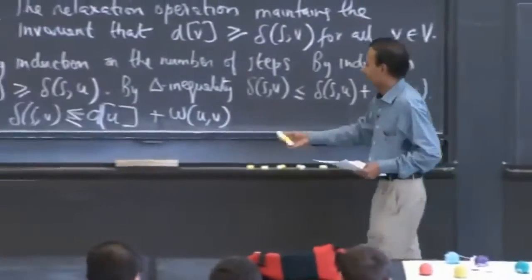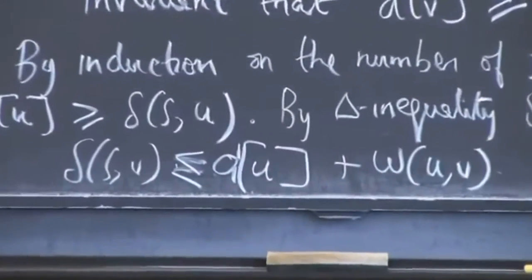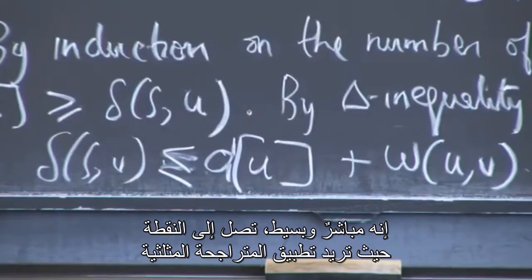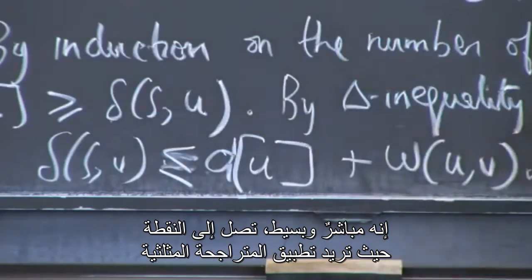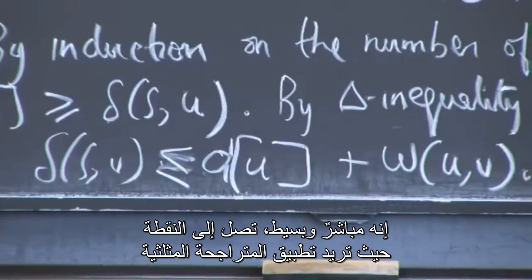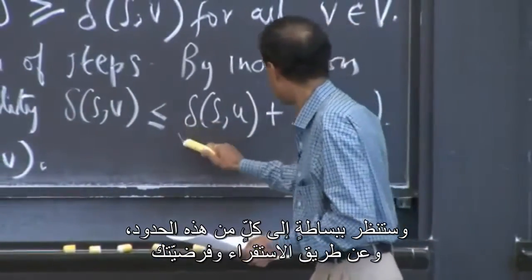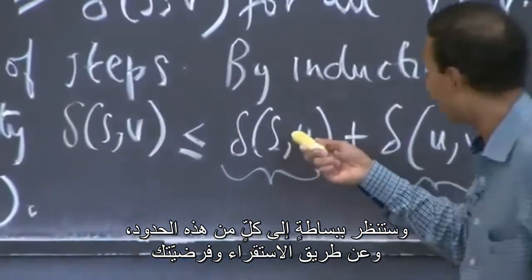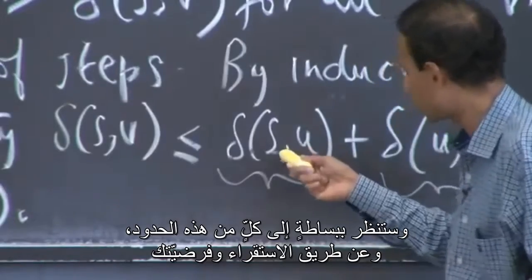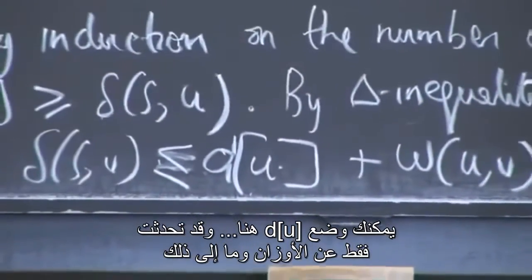But all right. So that's it. That's the proof. Okay. Fairly straightforward. You get to the point where once you apply the triangle inequality, you simply look at each of these terms, and by the induction hypothesis, you could put d(u) here. And I just talked about the weights and so on.